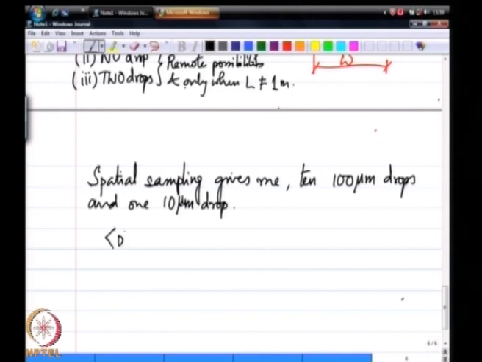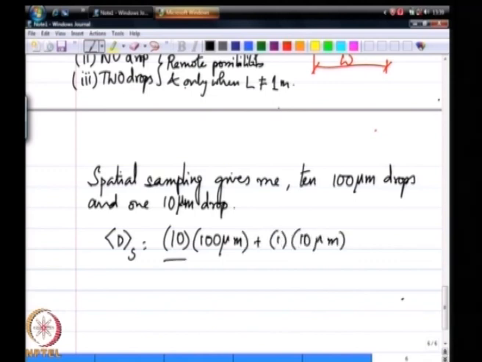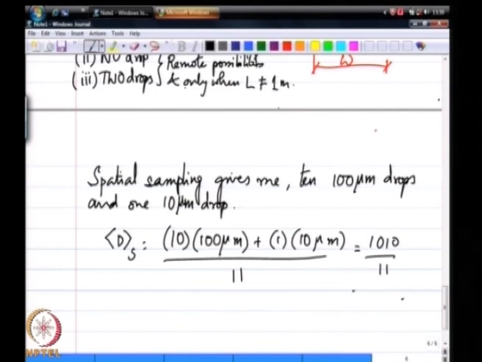So, if I do my spatial mean average, I get approximately 92 microns.